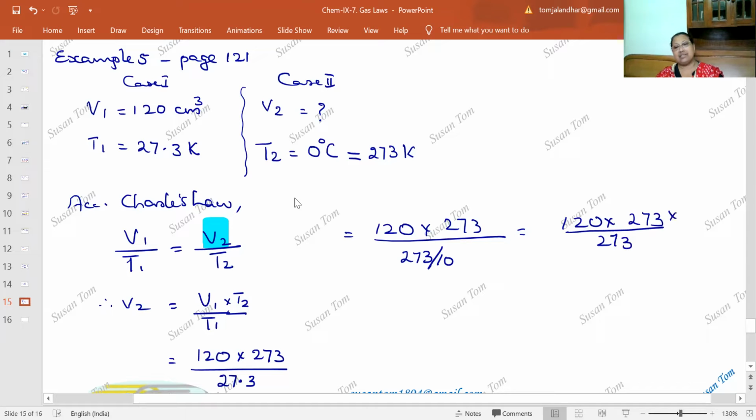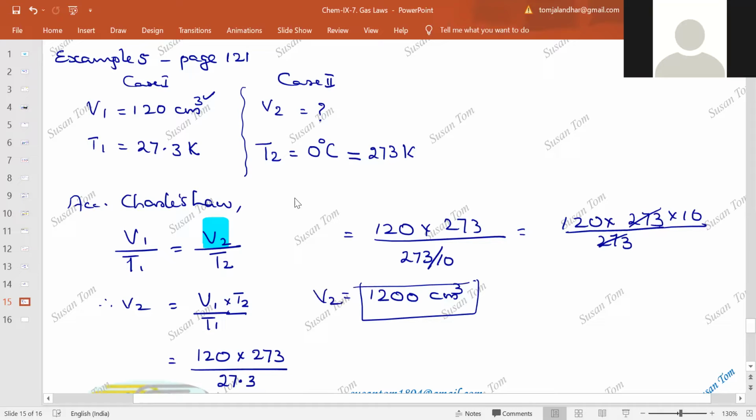Now that 10 which went up will come here. Now you get 120 into 10. What are you getting now? V2 is 1200. Initially it was cm³, so here also it will be cm³. Is it okay, children? So the new volume is equal to 1200 cm³.